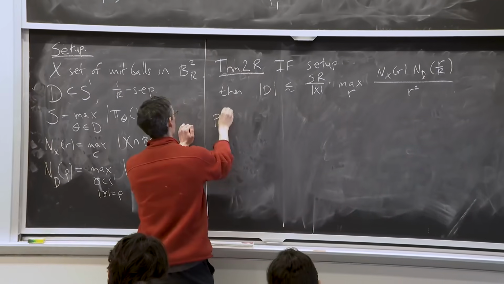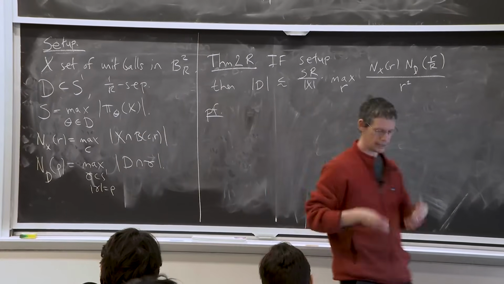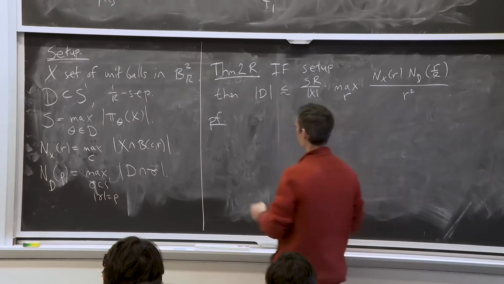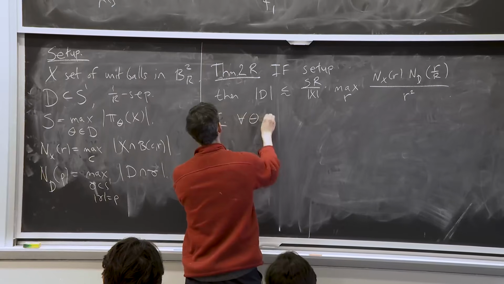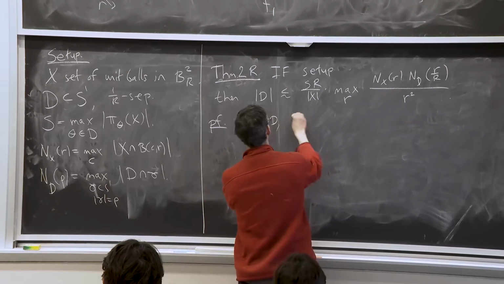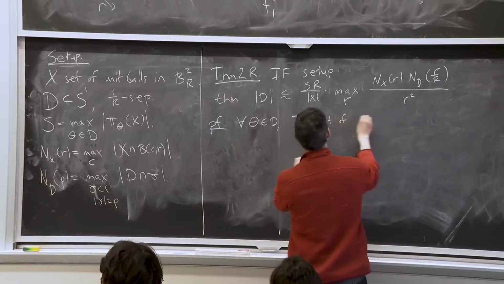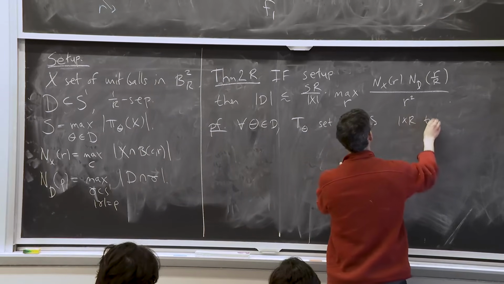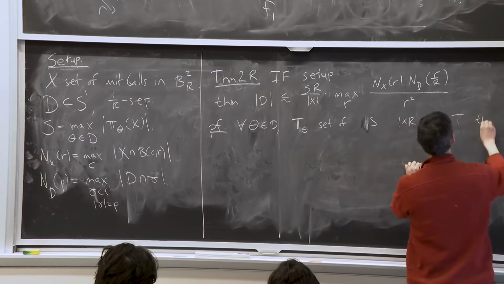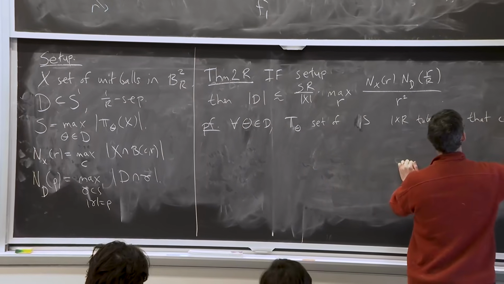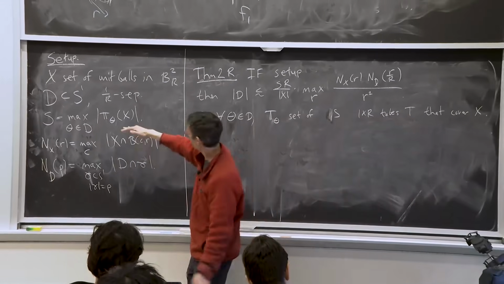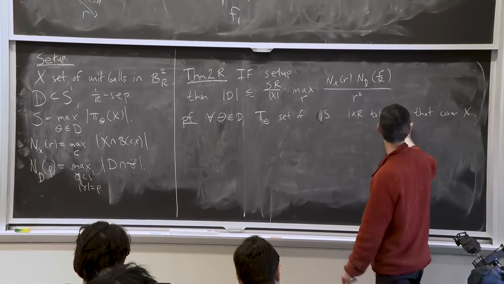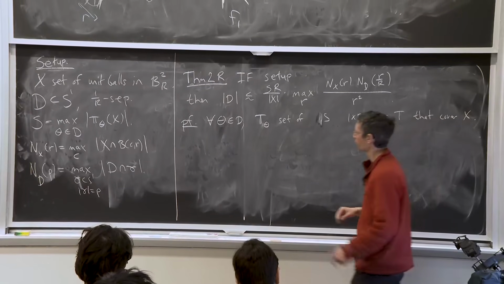OK, so the proof follows the idea of the proof we did in finite fields and makes use of the main lemma. And here's our setup. So for every direction in our direction set, let's say T theta is a set of at most S, we could say exactly S, 1 by r tubes T that cover x. So if this projection has size S, then looking at the fibers of the projections, I get S tubes that cover my set X. OK.